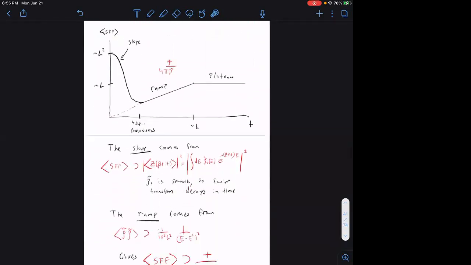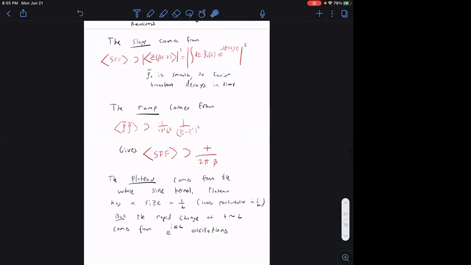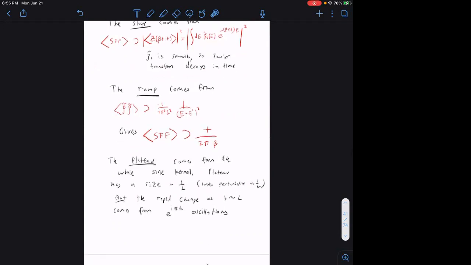So let's dissect each of these terms a little bit more. The slope, as I just said, comes from this rho naught piece, the semicircle. The ramp we can think of as coming from the perturbative part of the sine kernel, where we average out the oscillations. The reason is that these oscillations are very fast.